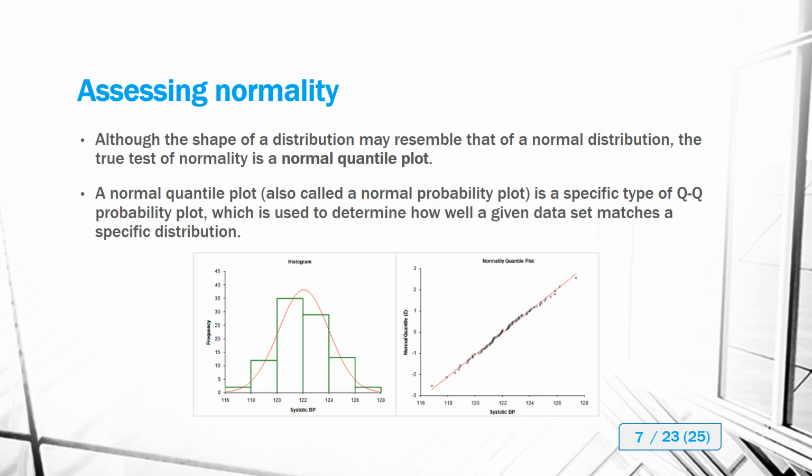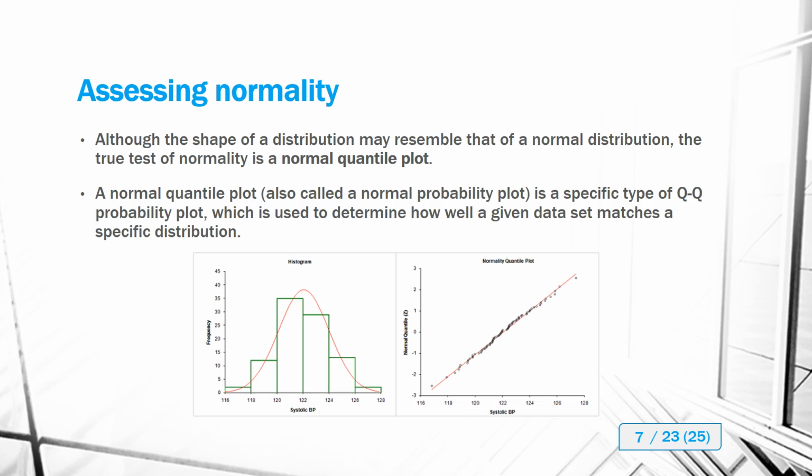I mentioned before, there are ways in which we can assess normality other than just looking at the graph. Okay, looking at the graph gives us a rough approximation, but it's not exactly statistically sound. So what we're going to do is use what's called a normal quantile plot. Normal quantile plots are also called normal probability plots. It is a special type of what's called a QQ probability plot.